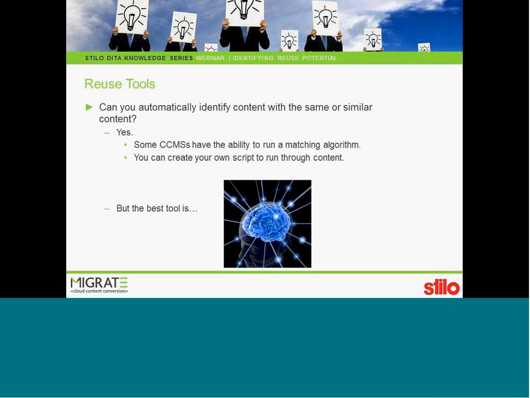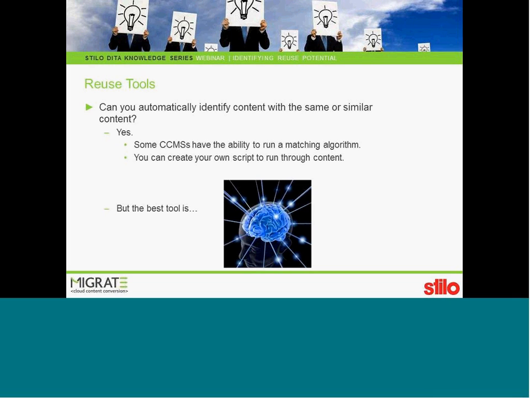So your next question is probably going to be, are there tools out there? Can you automatically identify for me what content is the same or similar so that I'll know right away, without having to look at it, what content I can reuse? There is a qualified yes. Some CCMSs have the ability to run machine algorithms. Particularly Vasont, one of my favorite CCMSs, but let's not go there, has this really cool prompt.